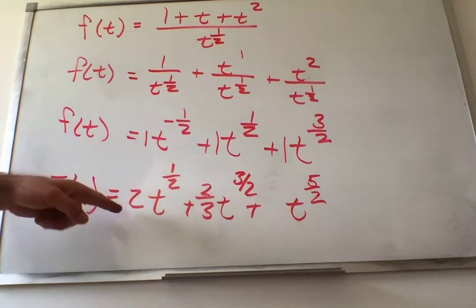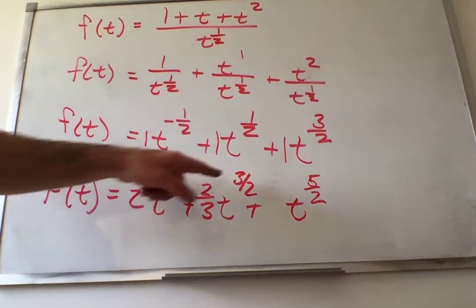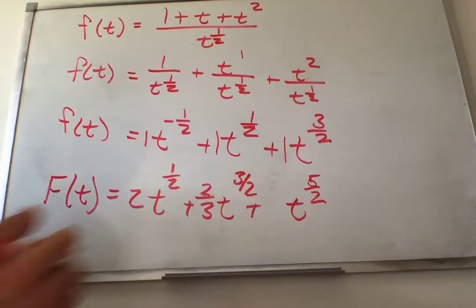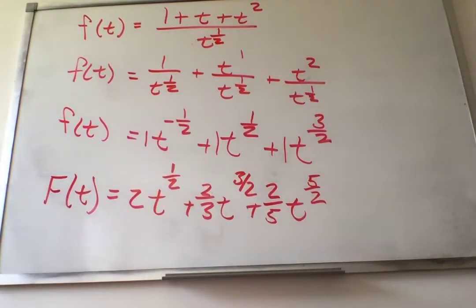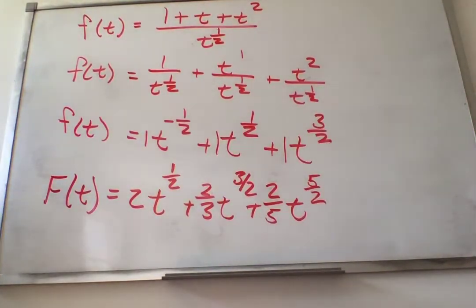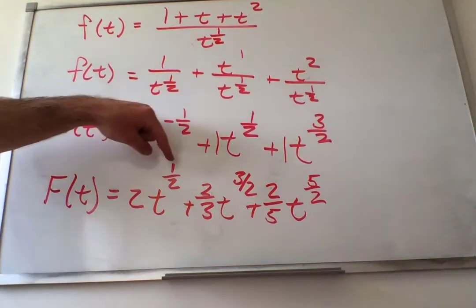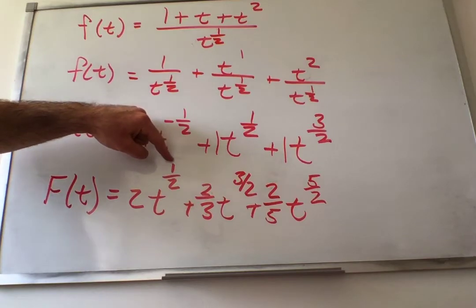And if you notice a pattern with this, since all these coefficients are 1, when you divide by this power, the coefficient out front is just the reciprocal. 2 over 1 is 2, 3/2 gives 2/3, and this one is going to be 2/5. You do get a 1 divided by 2/5, but that's just because all of them were 1. If you have a fractional power, instead of dividing, you could multiply by the reciprocal.